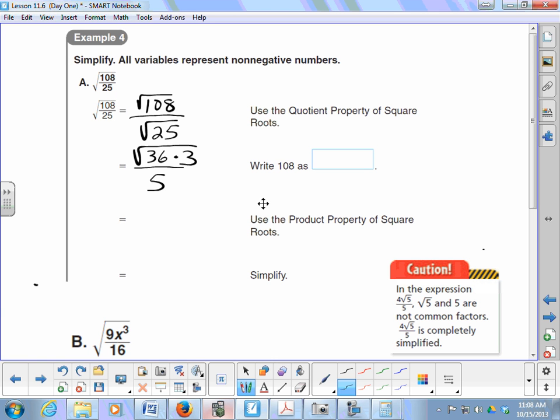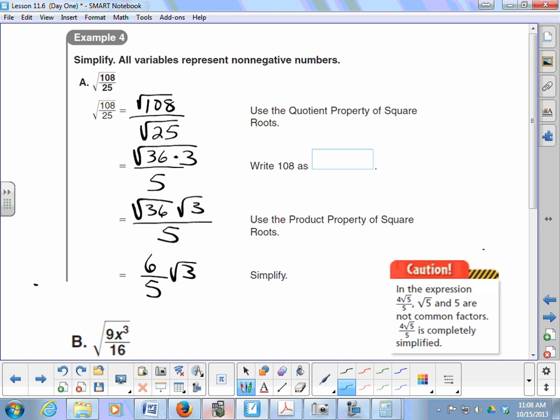So in the numerator, I can use the product property. Square root of 36, square root of 3, all over 5. And then the square root of 36 is 6. And then you can put the square root of 3 in the numerator, or you can put it in the middle of the fraction bar.